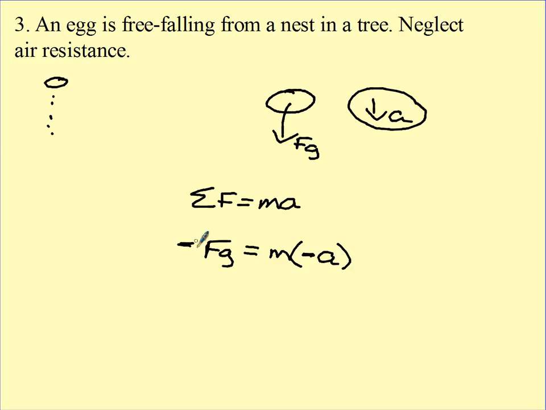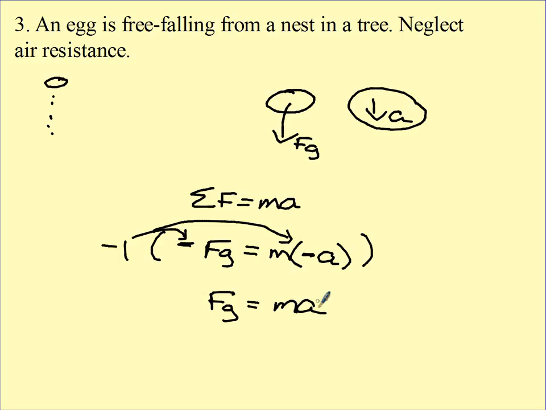Now watch something. I'm going to multiply through by negative 1. I'm going to distribute that negative 1 to both terms. Negative times a negative is positive. So I get Fg equals ma. Now remember the weight of any object, Fg, is equal to mg.